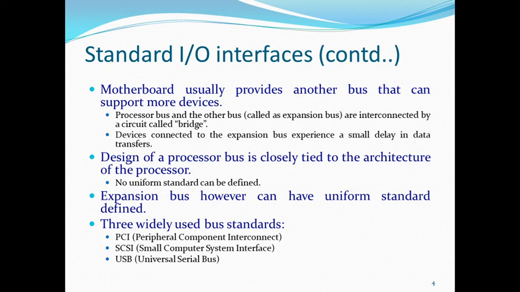The expansion bus is not subject to those limitations, and therefore it can use a standard signaling scheme. Here, a number of standards have been developed, and some have evolved by default when a particular design became commercially successful. For example, if you take IBM, right?